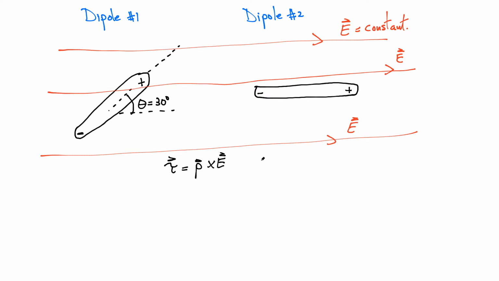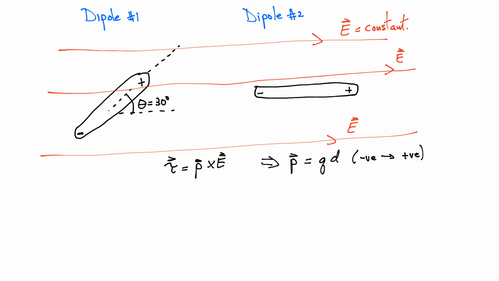Remember how that vector P was defined. That was our dipole moment. The vector P was the charge Q times the distance between the two charges, and the direction was from the negative to the positive.